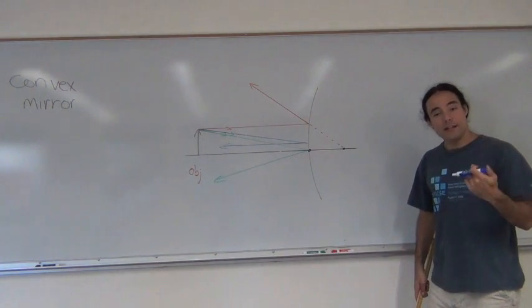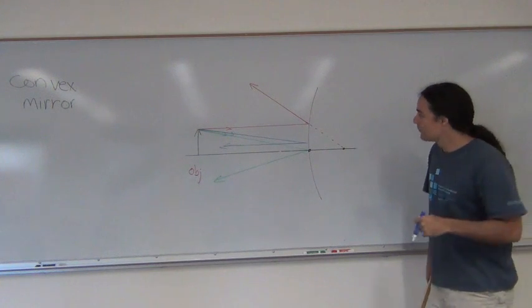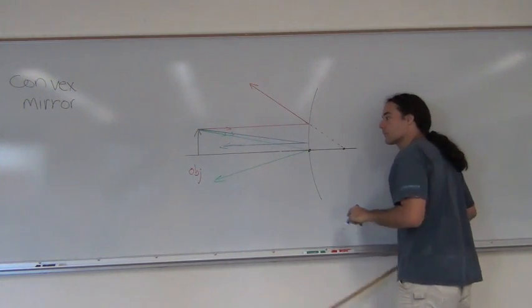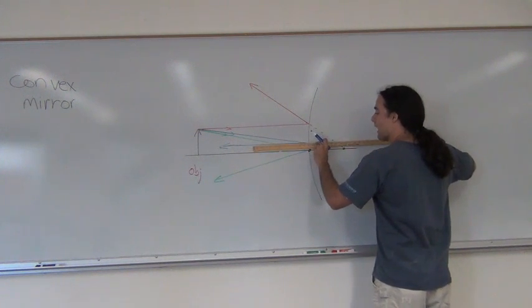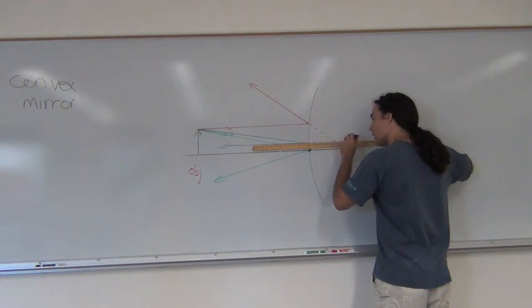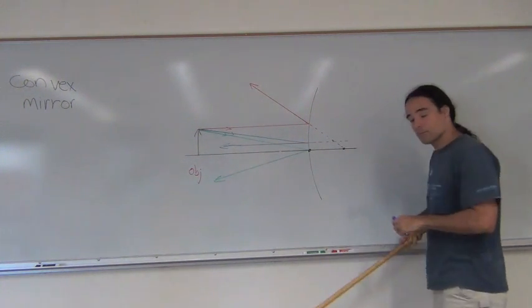So I've drawn my three rays. Let's see where the reflected rays come into focus. Well, we know the red ray appears to be coming from the focal point. The blue reflected ray appears to intersect the red ray at this point.